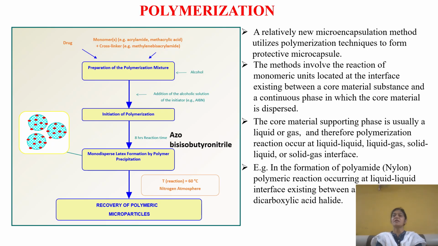The core material supporting phase is usually a liquid or a gas, and therefore the polymerization reaction occurs at a liquid-liquid, liquid-gas, solid-liquid or solid-gas interface. For example, this technique is utilized in the formation of polyamide, that is nylon. The polymeric reaction occurs at the liquid-liquid interface.